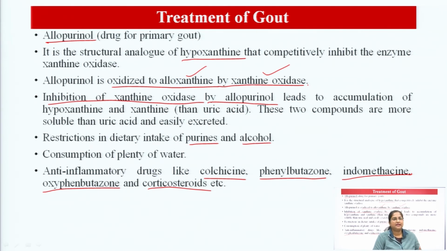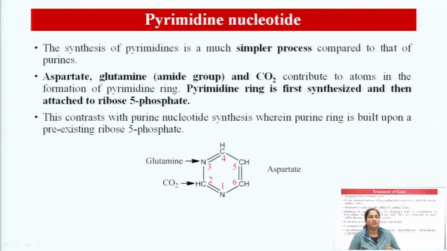The second thing is restriction of dietary intake of purines and alcohol, and consuming plenty of water. And finally, anti-inflammatory drugs like colchicine, phenylbutazone, indomethacin, oxyphenylbutazone and corticosteroids. So, this was our treatment of gout.